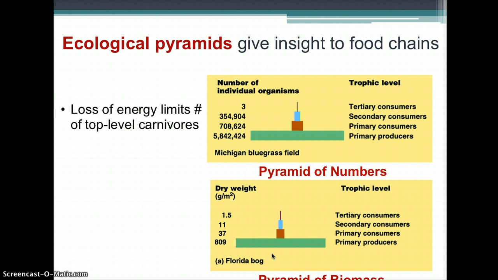In it, each tier represents the standing crop, or the total dry mass of all organisms on a trophic level. Most biomass pyramids narrow sharply from the primary producers at the base to the top-level carnivores at the top, as you can see happens here with the Florida bog, because energy transfer between trophic levels is so inefficient.